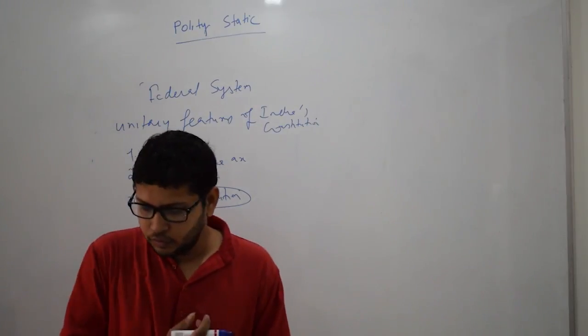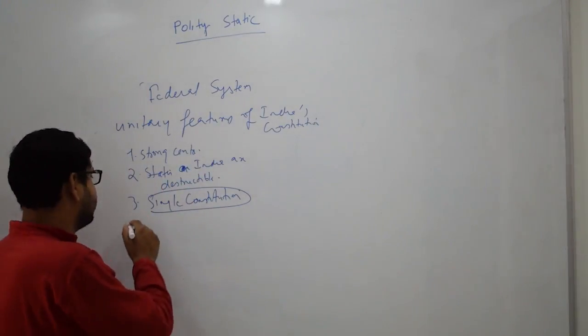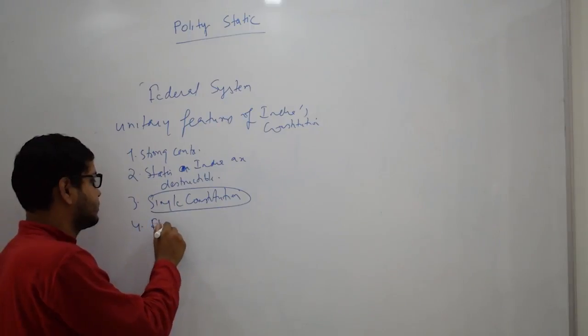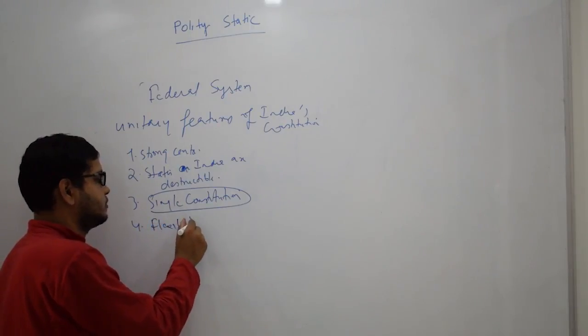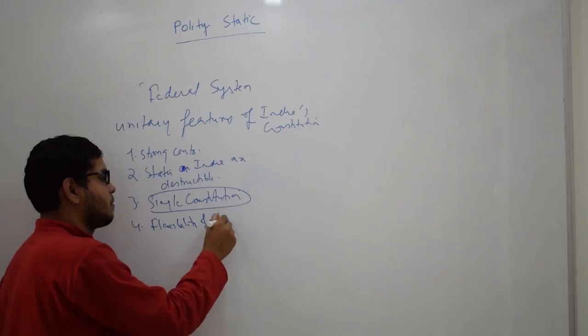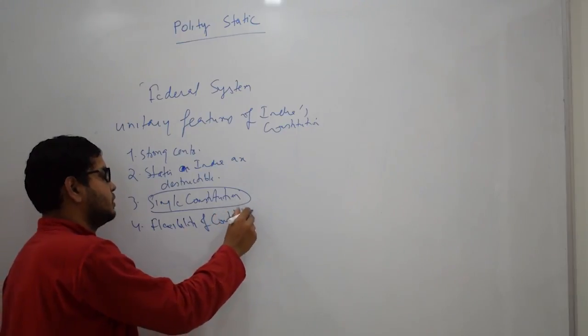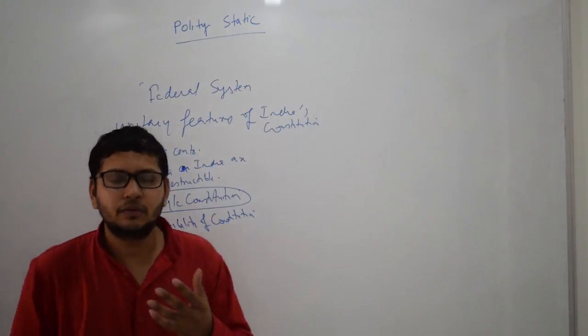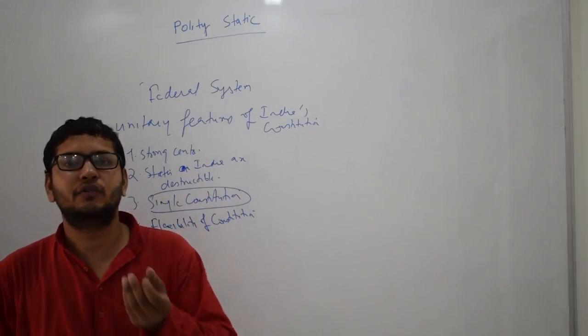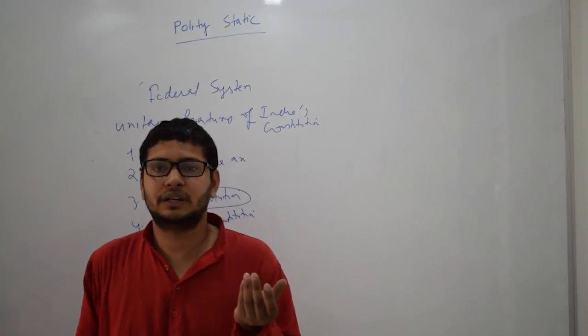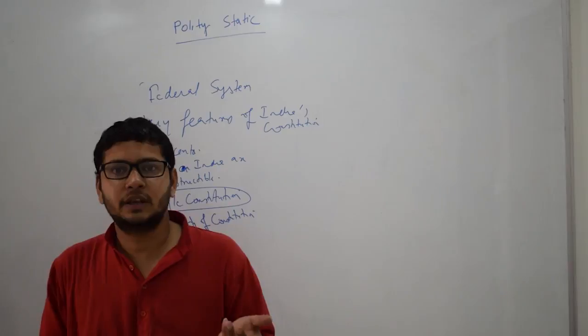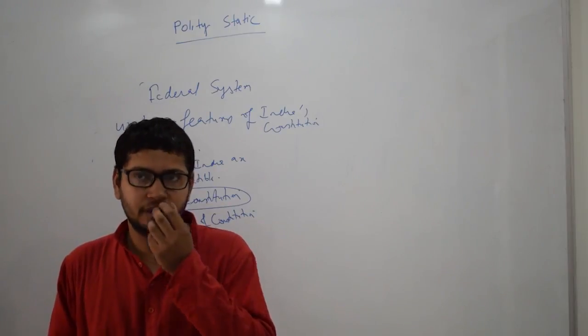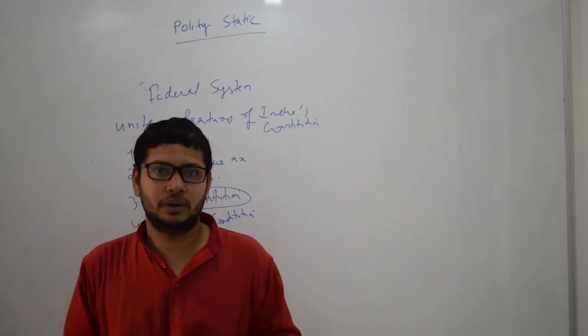Fourthly, the constitution in India is flexible. So some features of the constitution could be amended with very much flexibility. The biggest thing is how the states could be destroyed.